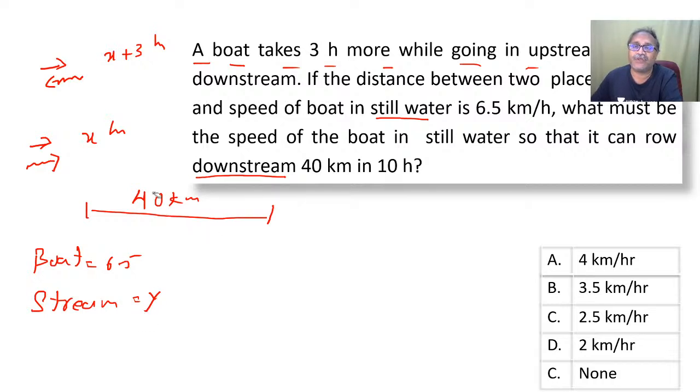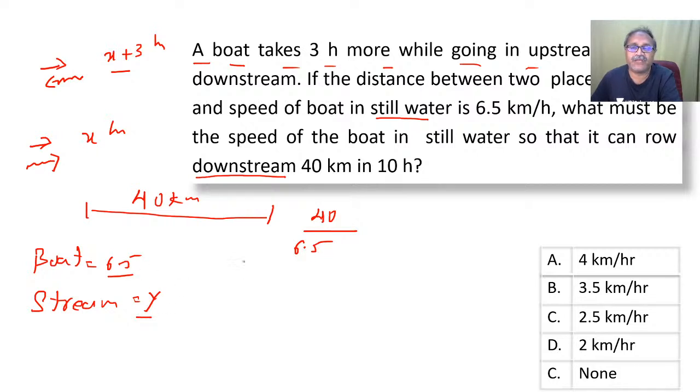Then for this 40 kilometers, the upstream time is 40 divided by the upstream speed.